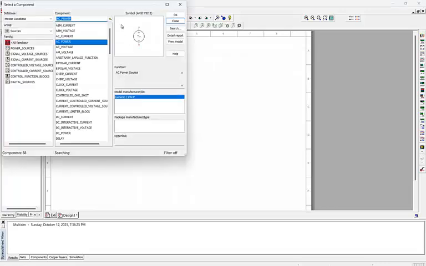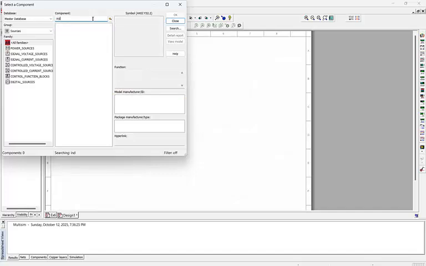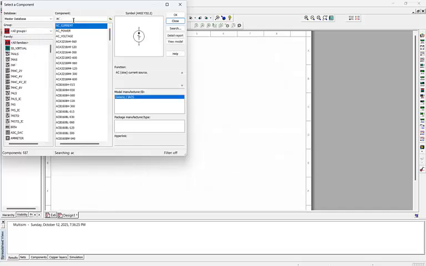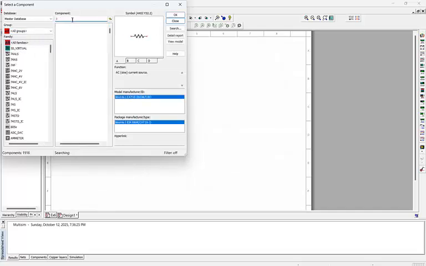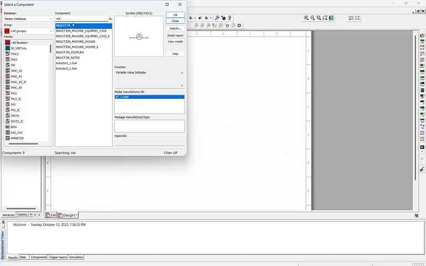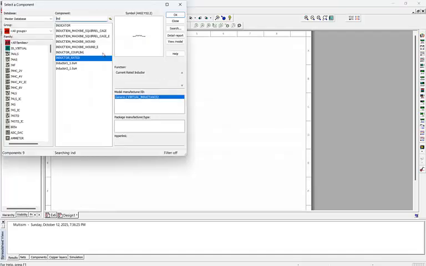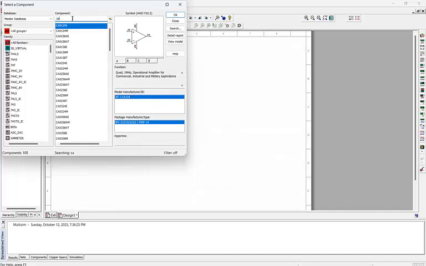After that, I'm going to look for the other components, the inductor, and make sure to search in all groups. I'm going to use the inductor rated. Capacitor.